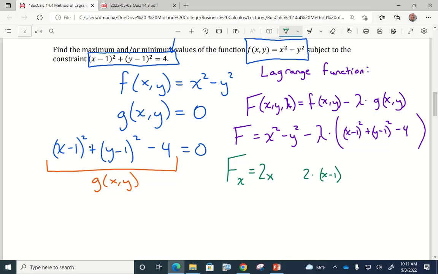And then I have to remember the minus lambda. So I use the derivative power rule to make x minus 1 squared into 2 times x minus 1. And I don't care about all of the other terms because, again, I'm pretending that y is a constant. And lambda stays around because I'm pretending that lambda is a constant.